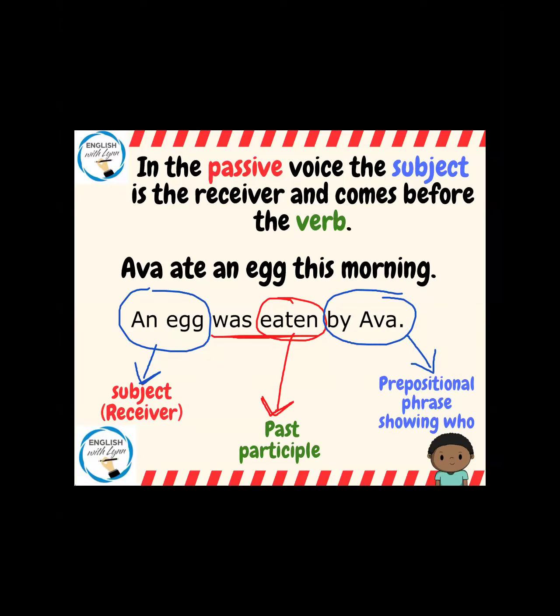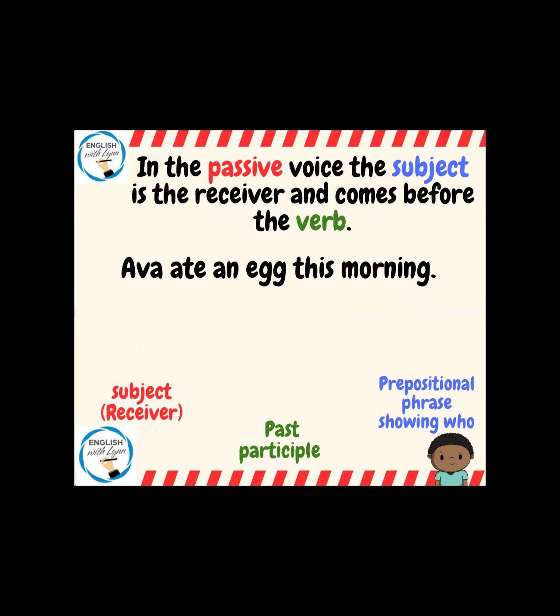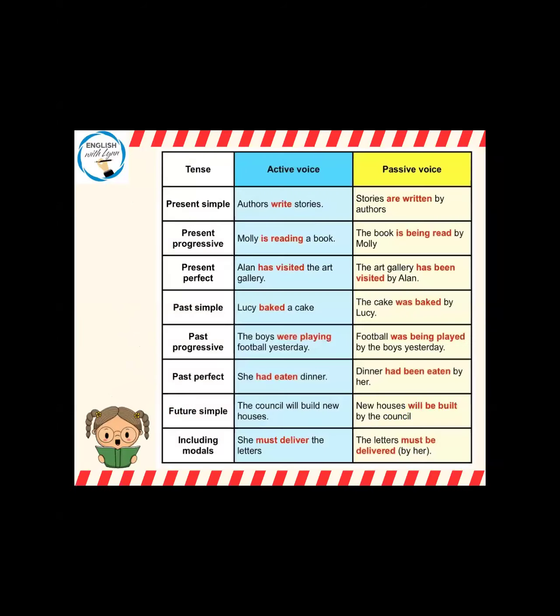Okay. Now, I've been speaking a little bit about keeping the tenses the same. So when we are using the active voice, if we are writing in present simple, so authors write stories, we need to keep it in the present tense when we are using the passive voice. So written is my past participle, and because it is present simple, I would say stories are written by.